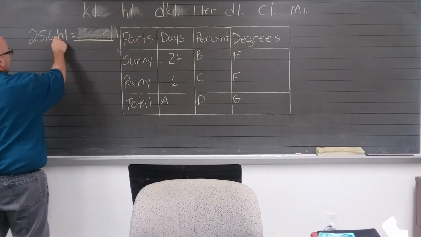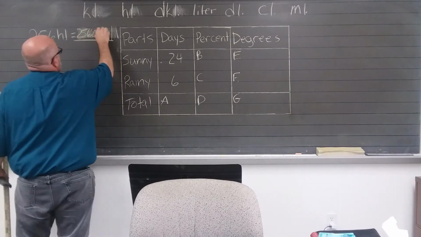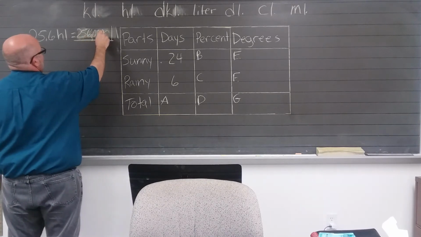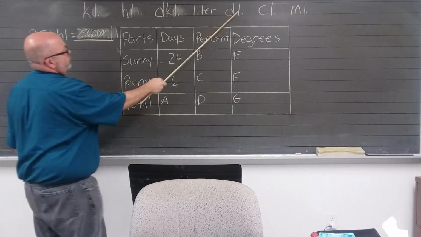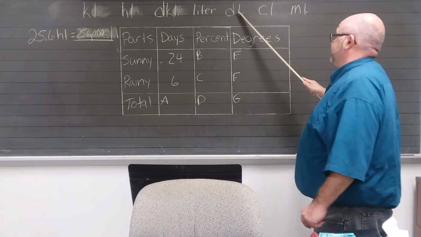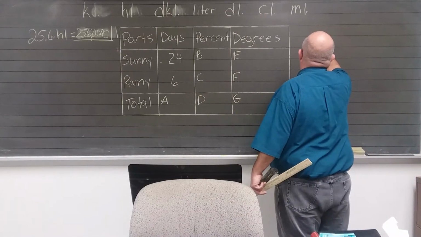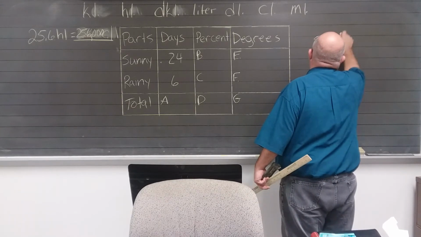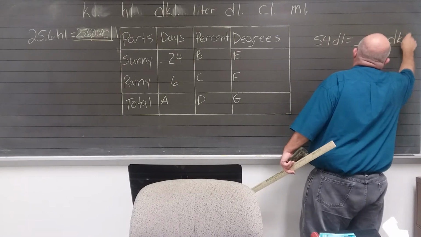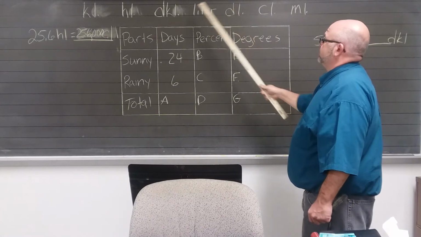Now, let's just do one. 54 deciliters equals how many kiloliters?